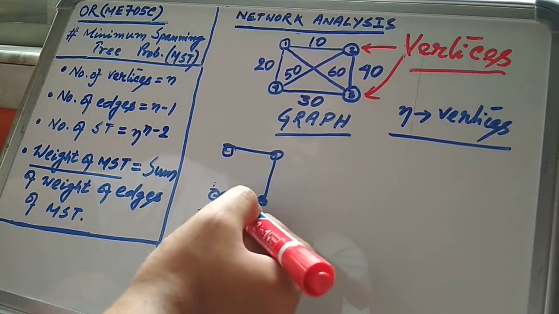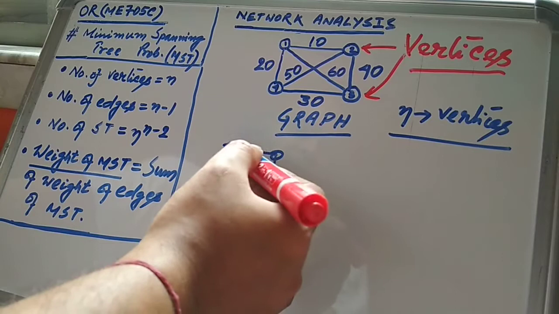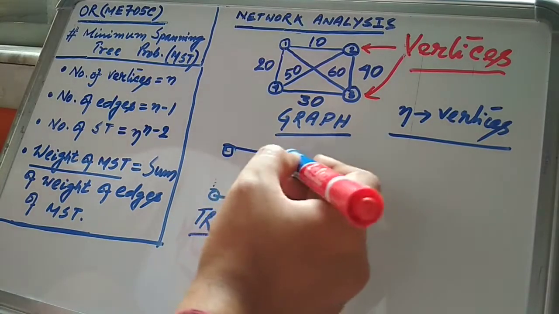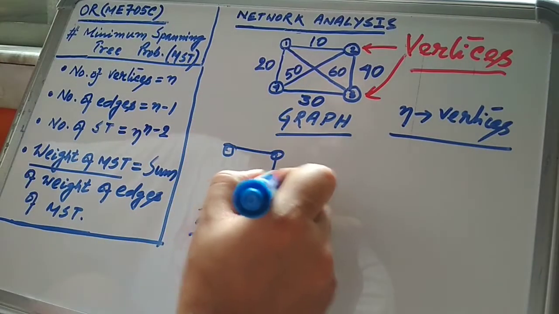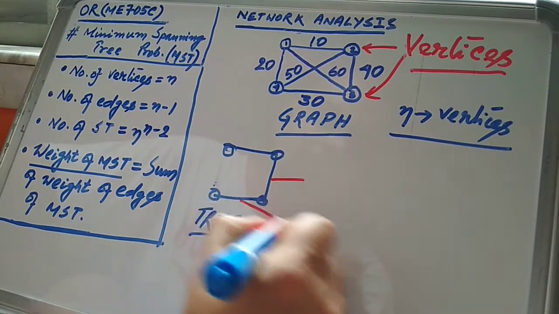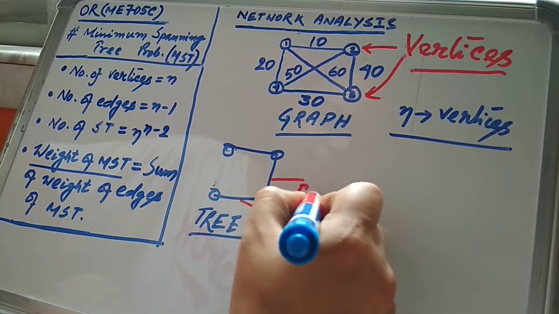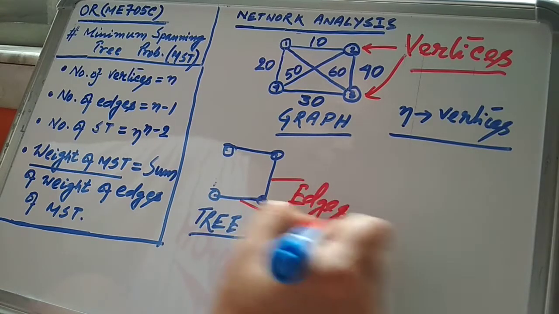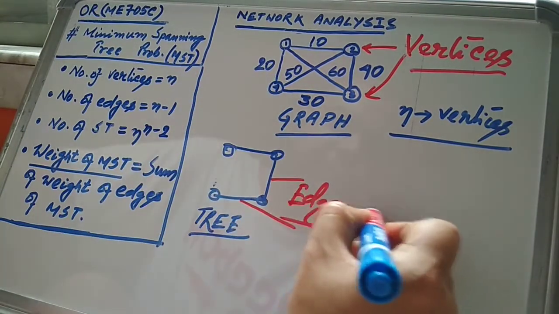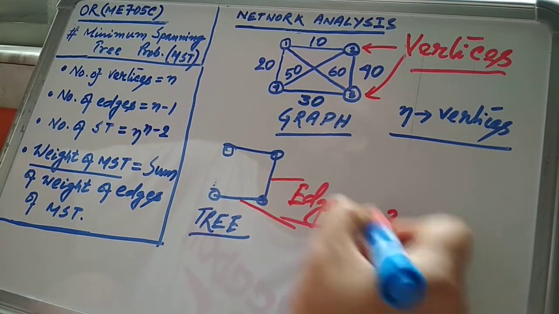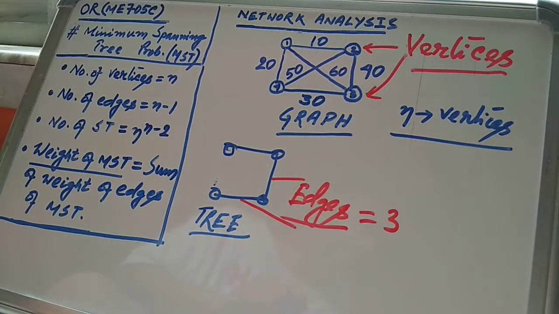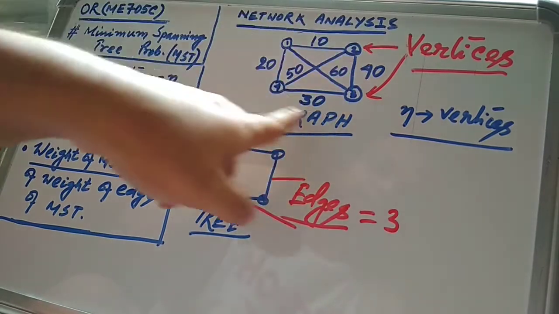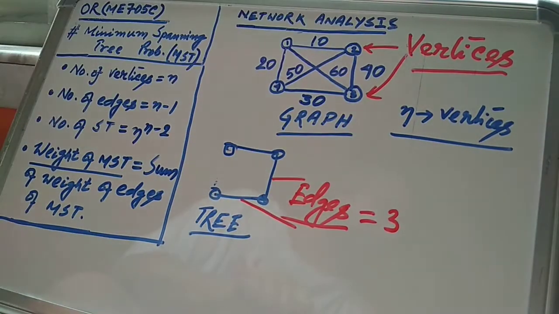These are the edges, you can say, these are the edges. So here the edges are 1, 2, 3. 3 edges. From this graph you can easily conclude, if we have 4 vertices, we have 3 edges to construct a tree.